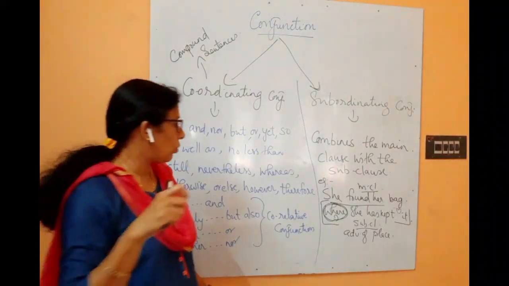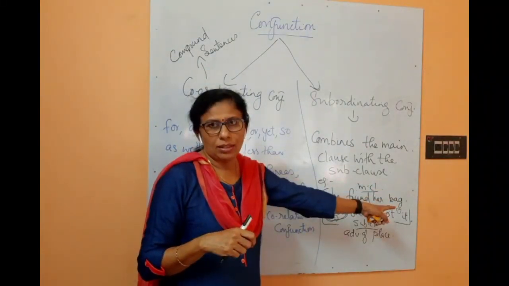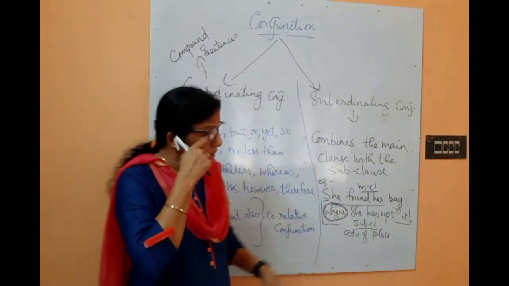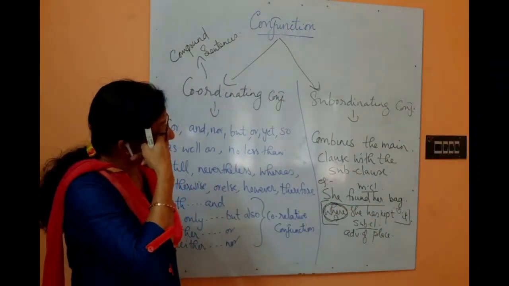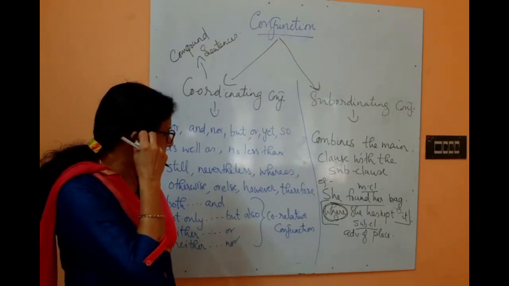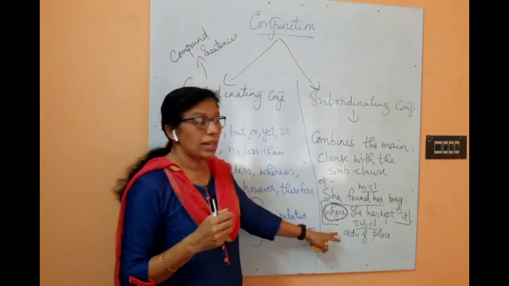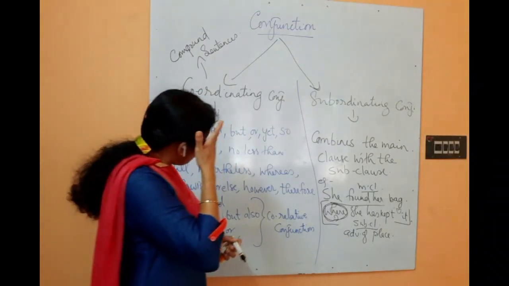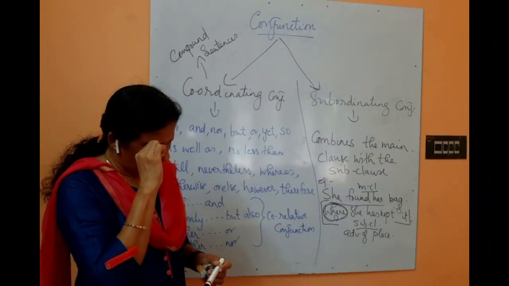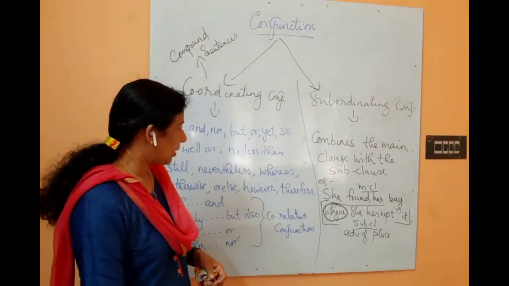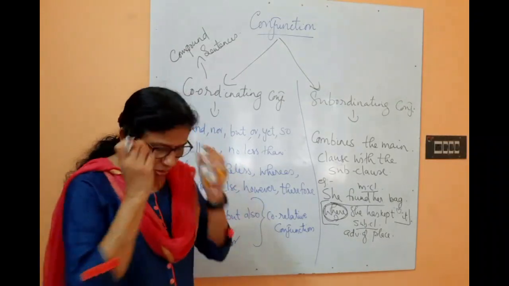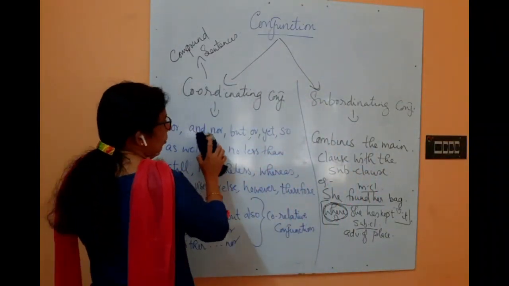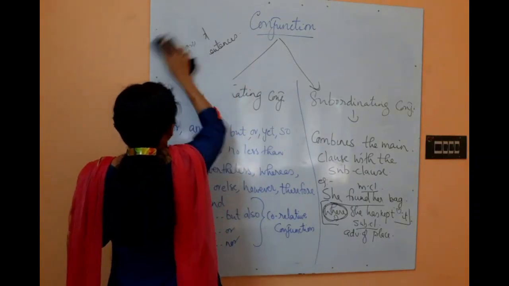It will be complete only with she found her bag. Where did she find her bag? Where she has kept it. So the connection is there between the main clause and subclause with the help of this conjunction. That is why we call this a subordinating conjunction. Understood, children? One more example we'll write. I hope all of you might have copied this.